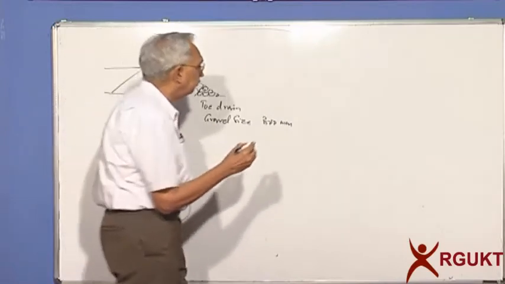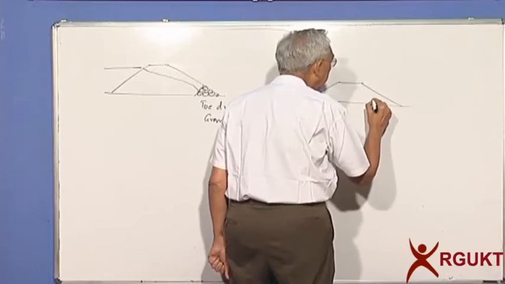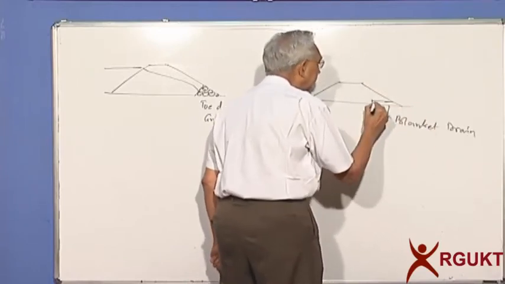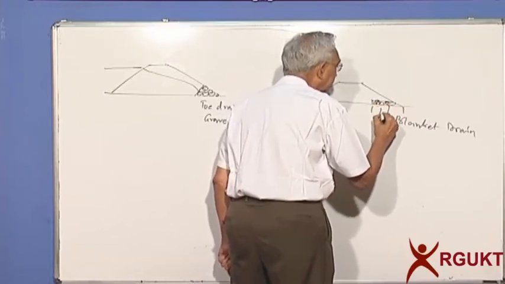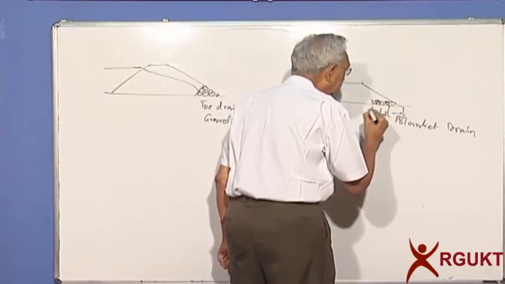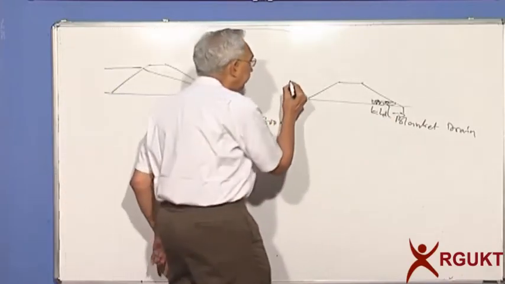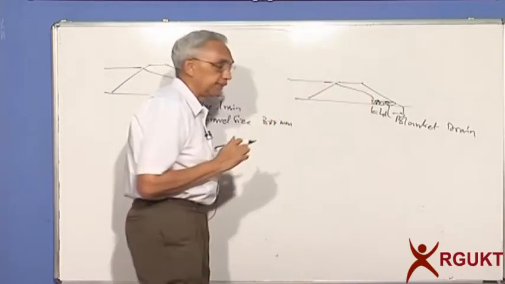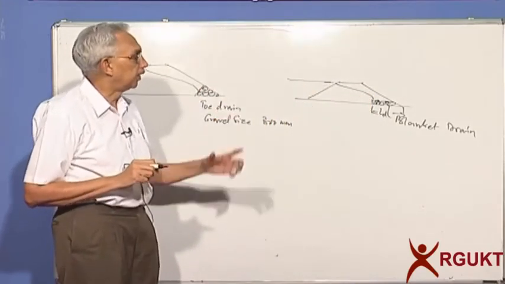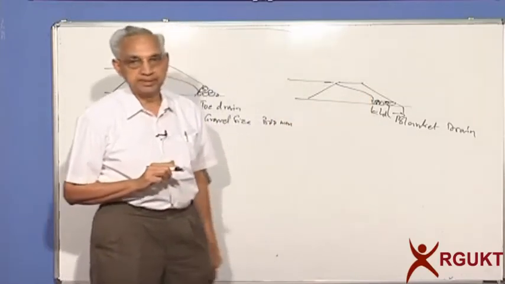And another form of drain would be a blanket drain. This is again large stone particles, and this length, let's say LD, you can design based on your requirement. The deeper we go, the better, but then the discharge will increase because the length of flow path reduces. So there is an optimal one, maybe roughly half the downstream slope we come inside.